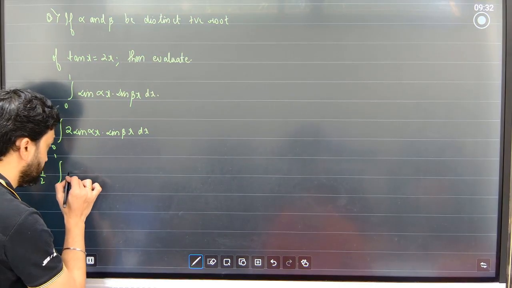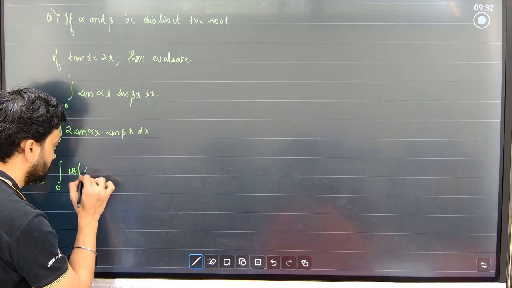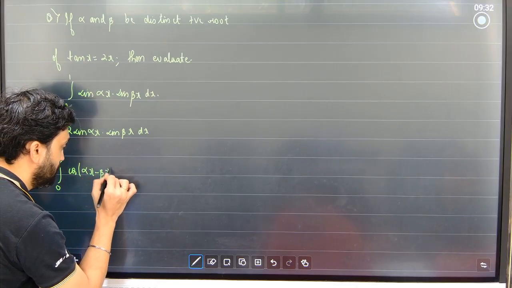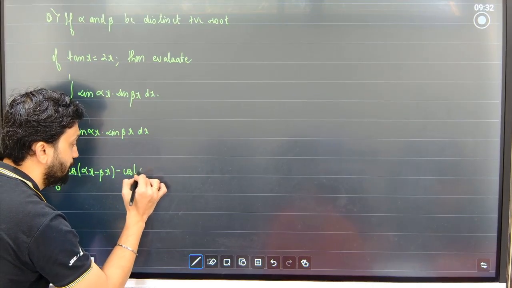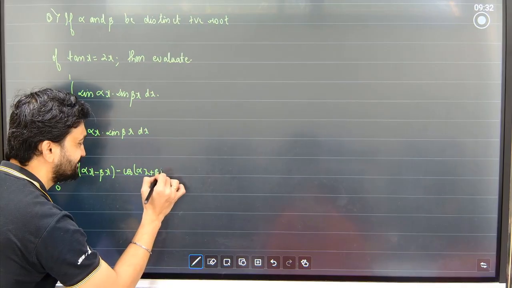2 sin a sin b is cos a minus b minus cos a plus b.